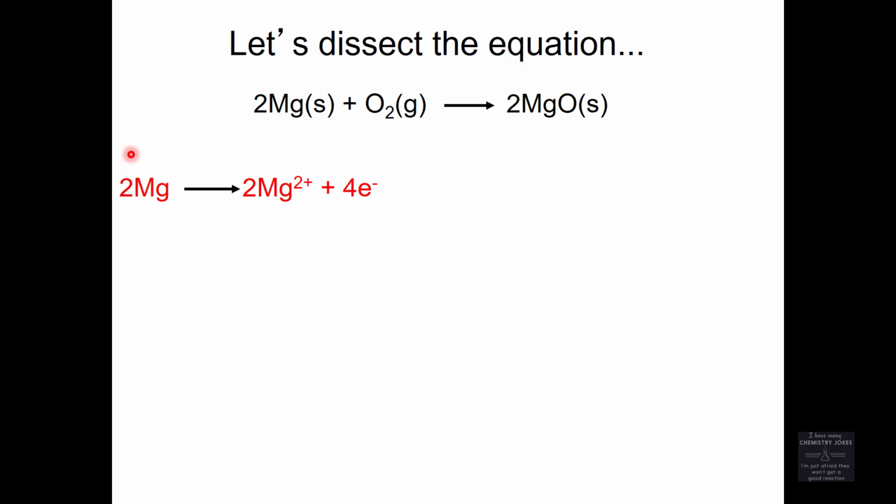It's balanced up here already, so I'll carry my coefficients down. And 2 electrons were lost from a single magnesium, but because we have 2 magnesiums, 2 electrons are lost per magnesium. This is what's called a half reaction. Because it's the half reaction where electrons are the product, this is called an oxidation half reaction. Oxidation half reactions always lose electrons.